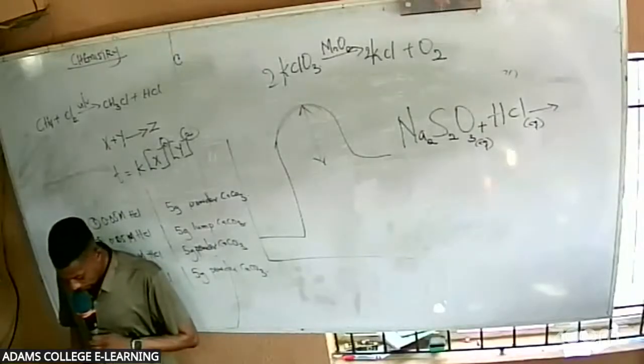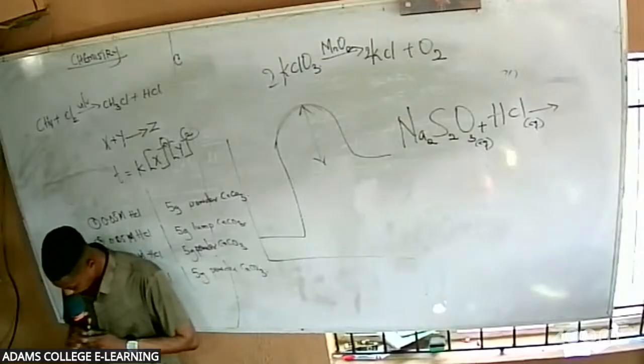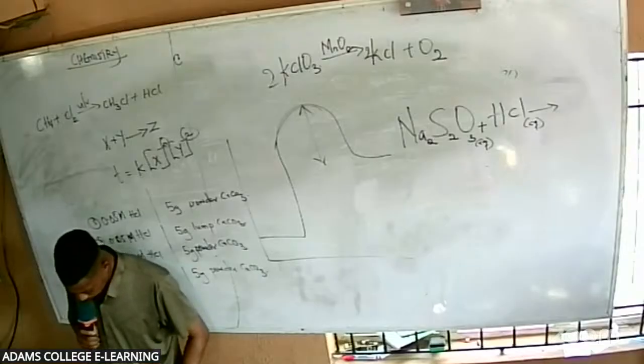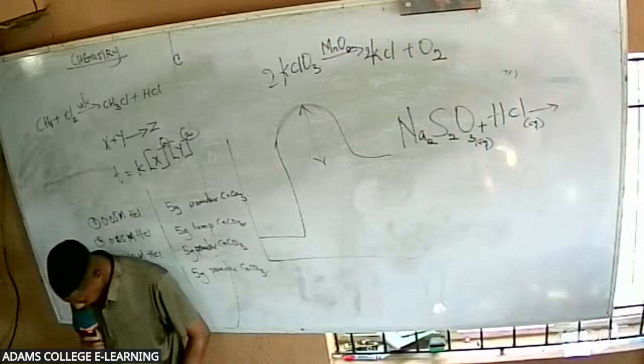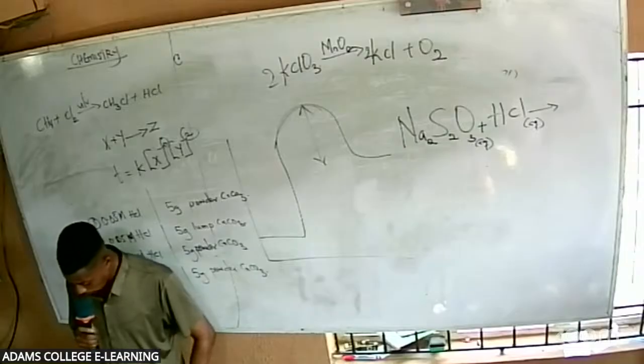Then iron oxide, Fe2O3. Then lead oxide, PbO. I think there's a mistake here. Then we have zinc oxide.